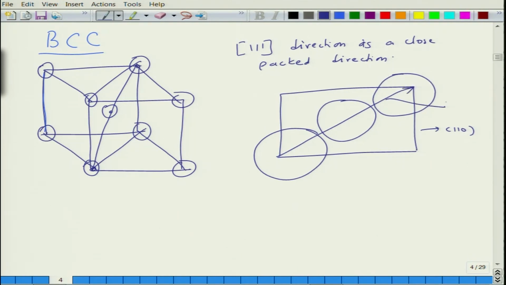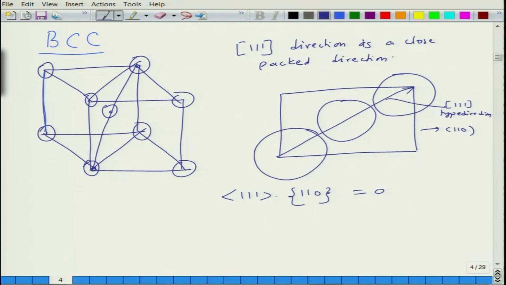So, if the direction is 111 type, the plane is 110 type, such that your dot product is equal to 0.